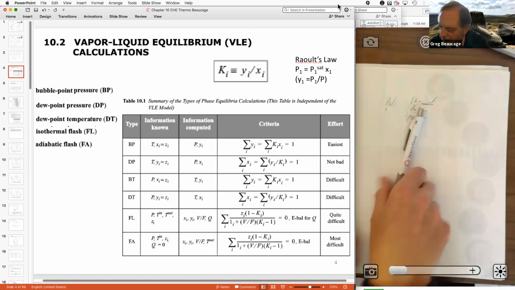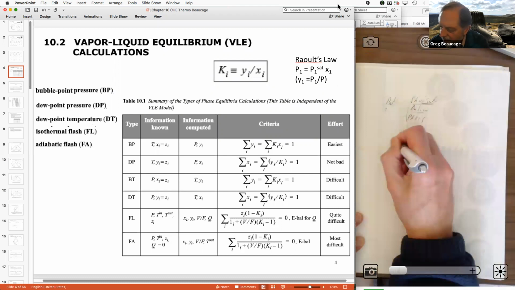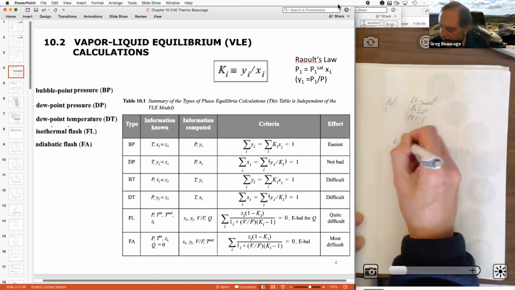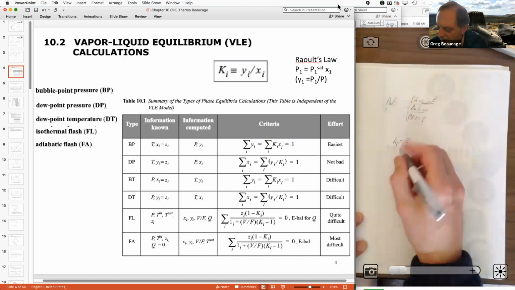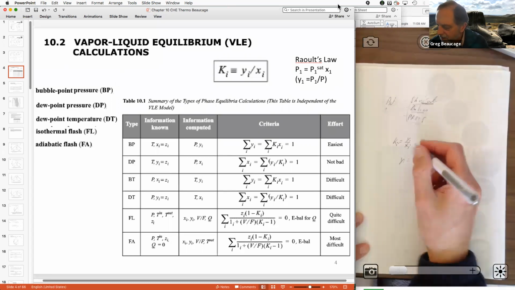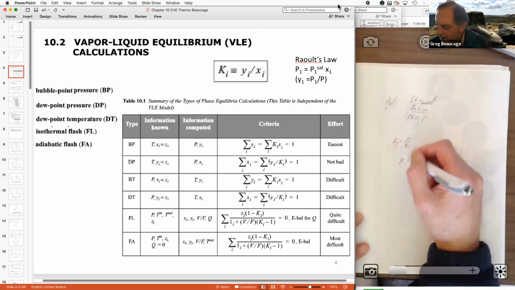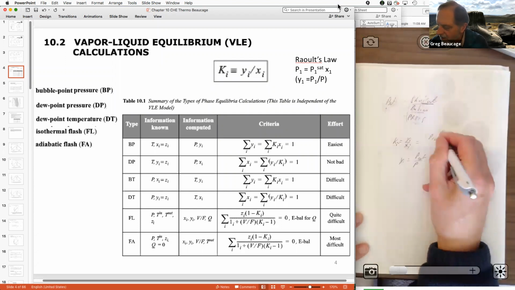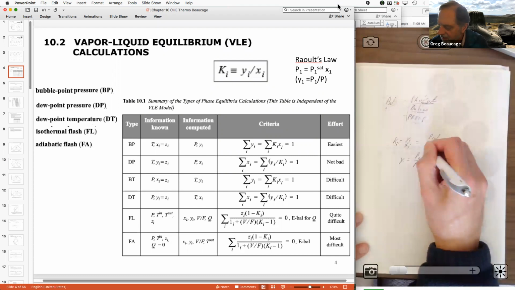Ki equals Yi over Xi, and then Yi equals P sat over P. Right, then you can say that this Ki, so I can plug in Yi here, so you can say it's P sat over P times Xi.